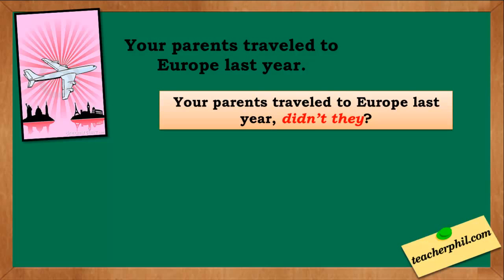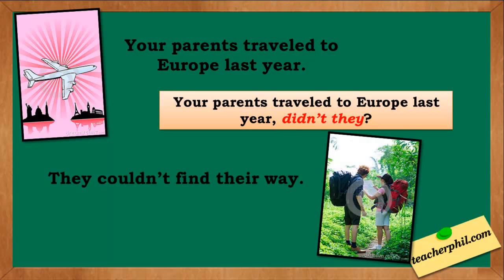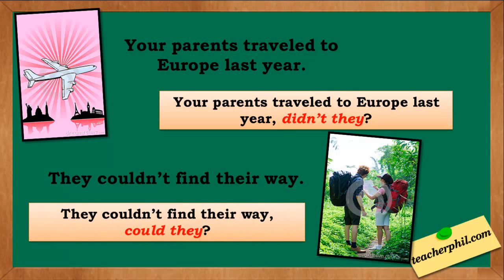Our statement is in the positive form. Therefore, a negative tag is needed, didn't they? The last one, they couldn't find their way. The correct answer is, they couldn't find their way, could they? We used the modal could in the statement, so could should also be used in the tag, could they? Did you get them right?